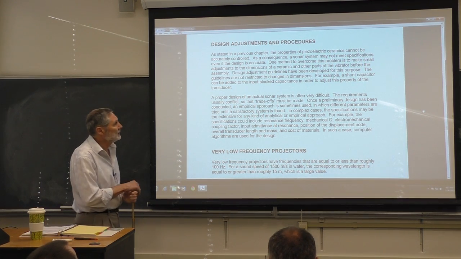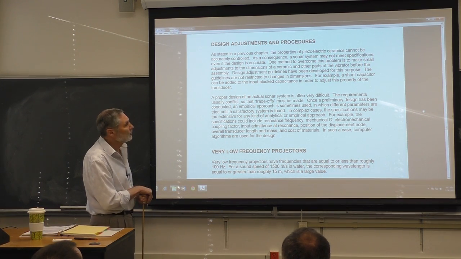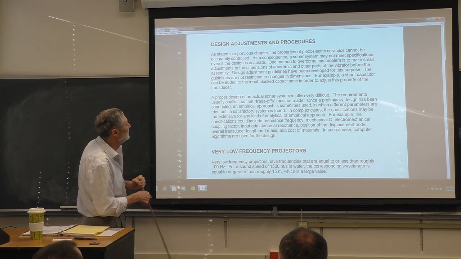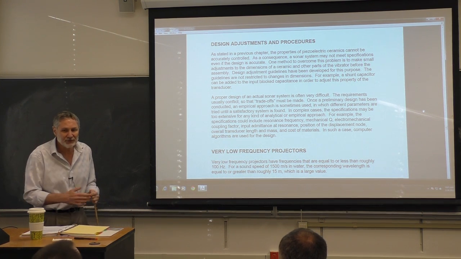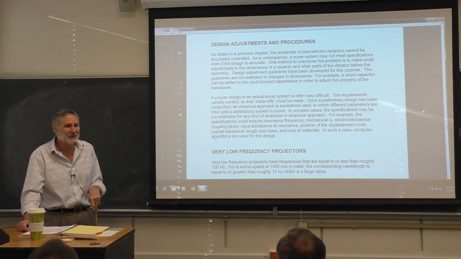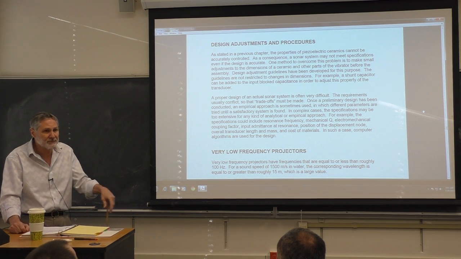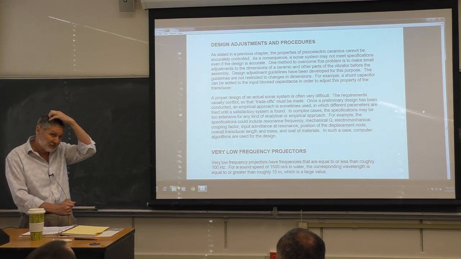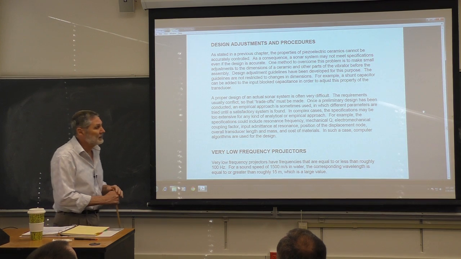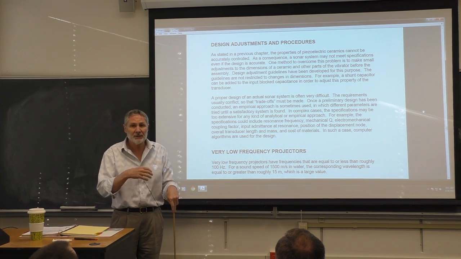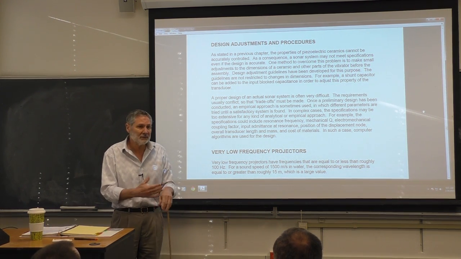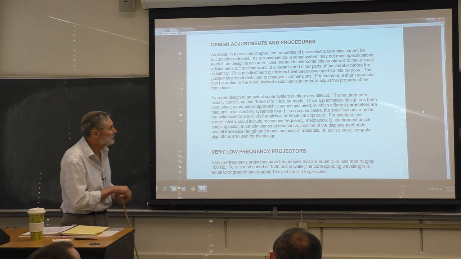And then you can make changes before it's assembled. So a simple example is the blocked capacitance. Suppose for some reason you need a certain blocked capacitance value, and the value is not good enough for you. You can add just a capacitor in parallel in the assembly phase to fix it.